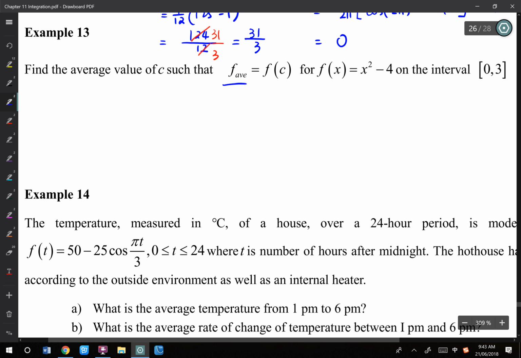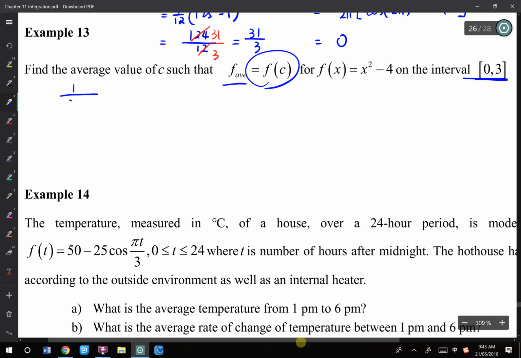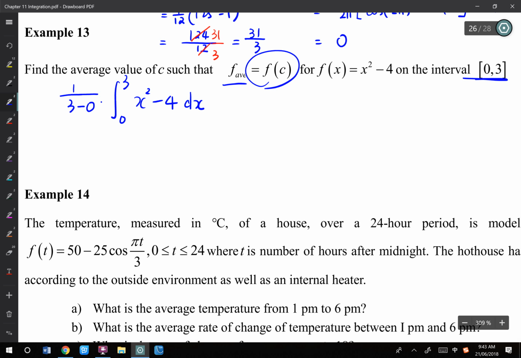So f average on the interval 0 to 3 is equivalent to f(c). Let's talk about f average first. f average is 1 over 3 minus 0 times the integral from 0 to 3 of x squared minus 4 dx. That's the average y value on the interval 0 to 3.